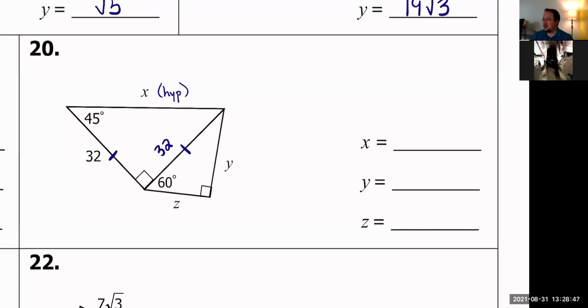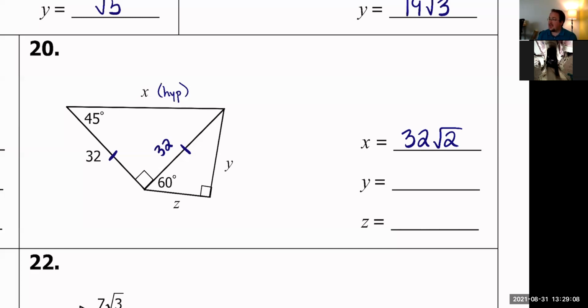So leg times the square root of 2. So 32 times the square root of 2 gives me that hypotenuse. Now that means we found all 3 sides in our 45, 45, 90.